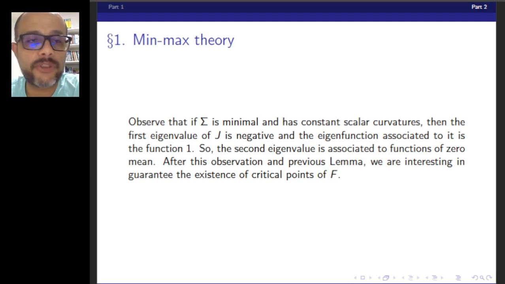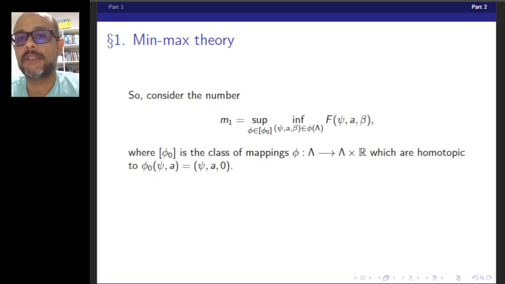So after this observation in the previous lemma, we are interested in guaranteeing the existence of critical points of F. For this, we use a minimax argument. So we consider the number m1.